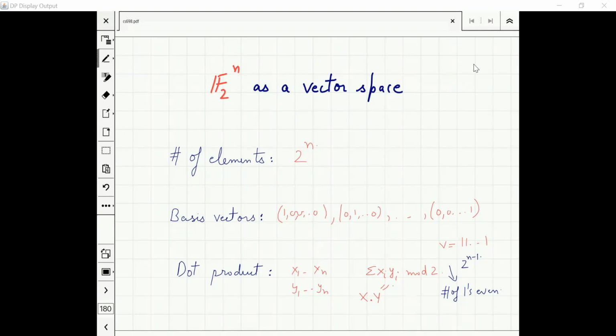So what about this vector? How many vectors will be perpendicular to this?